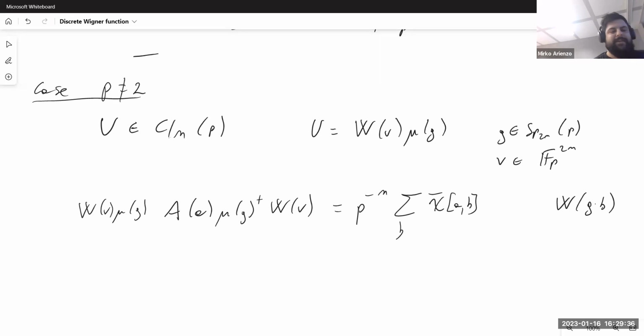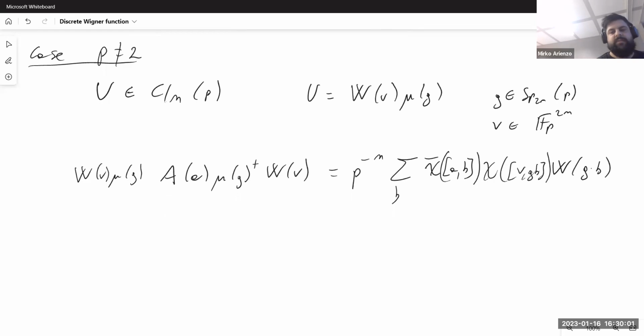And finally, when you conjugate with W of B, you get another of these phases, and namely this is just chi of B, GB. Okay, and then now we can just play around with these characters.